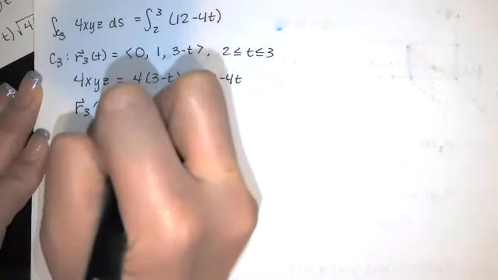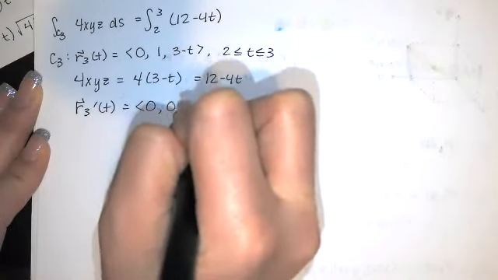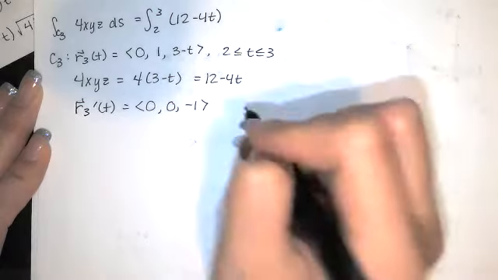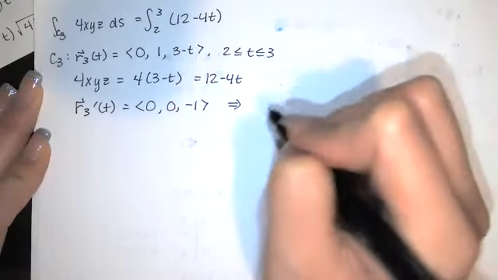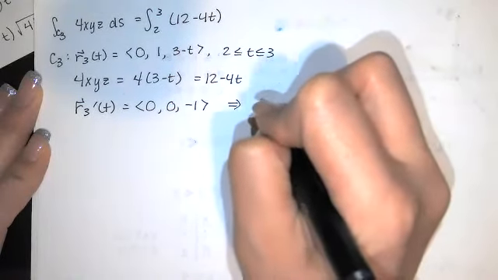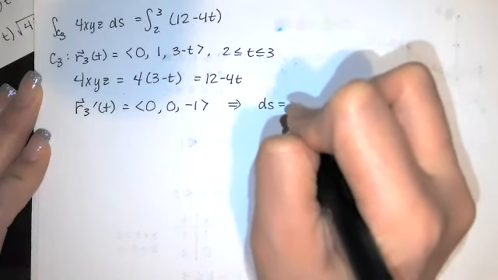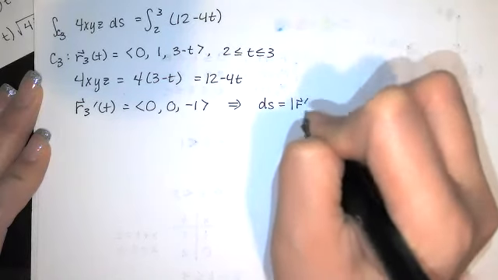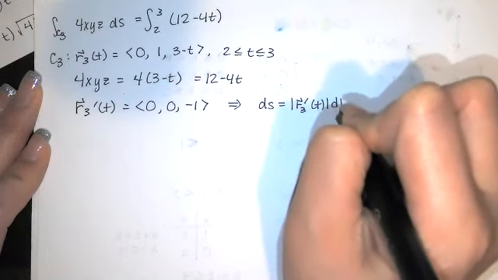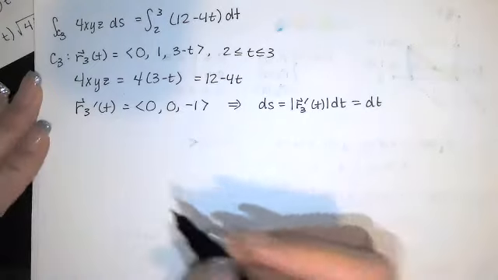R prime of t is this very simple vector, length 1 pointing down in the z direction. So ds is just the magnitude of that vector times dt, so we just get dt. And we have that right there.